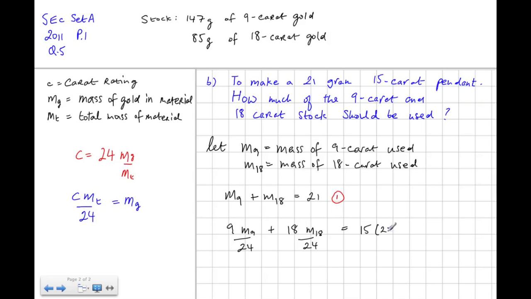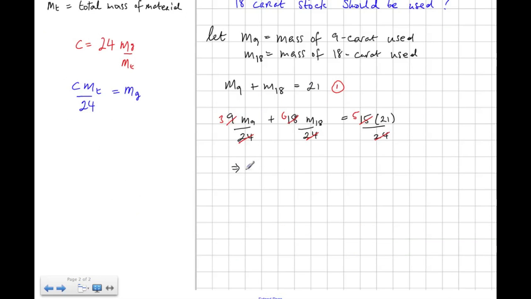So using this formula, we see that 9 times m9 over 24 plus 18 times m18 over 24 is equal to 15 by 21 over 24. And just reducing this formula, we end up with a neater little term, that 3 times the mass of 9 used plus 6 times the mass of the 18 used is equal to 105.